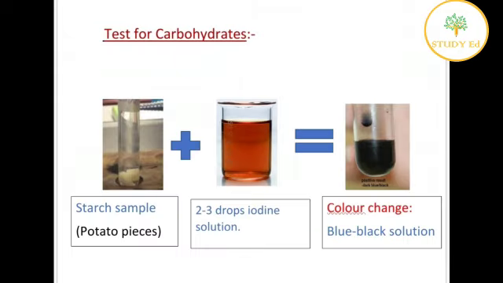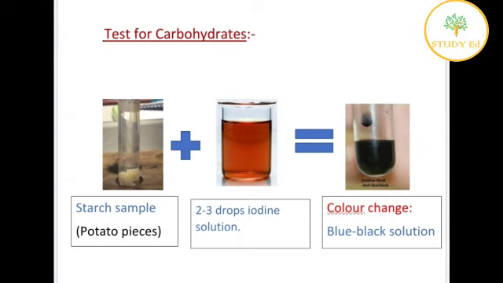Let us see our test number 1, that is the test for carbohydrates. Easily found carbohydrates are sugars and starch. So here for this test we have taken a starch sample in a test tube, that is small potato pieces. Into that test tube we will add 2 to 3 drops of iodine solution and shake well.